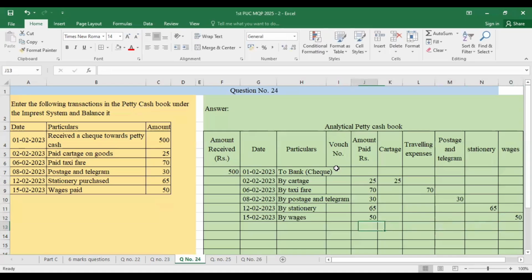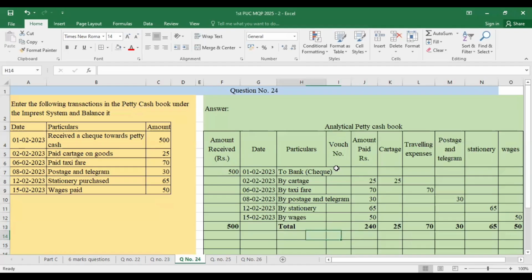So now let us total each column. So the total income, what the cash or cheque received, was 500. The expenses made were 240 rupees.